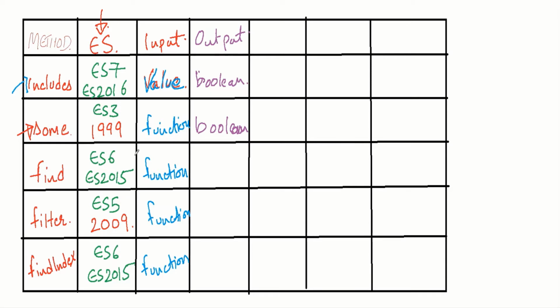The output of find is an object. The output of filter is an array. And the output of findIndex is a number. You can say output or return type. I have written output, it should be return type. So the return types of these methods are Boolean, and then for find it's an object, for filter it's an array, for findIndex it's a number which returns the actual index.